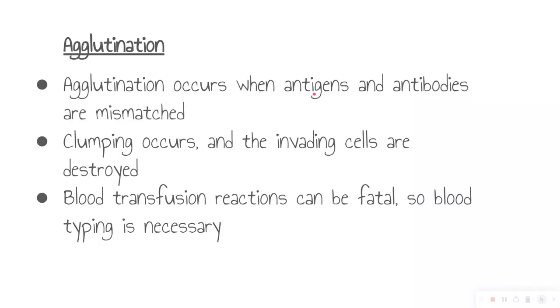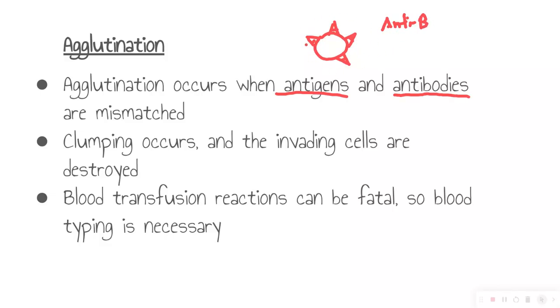Agglutination is going to occur when antigens and antibodies are mismatched. So let's say we have a red blood cell right here, and it has A antigens. So what kind of antibodies is it going to be producing? It's going to be producing anti-B antibodies.